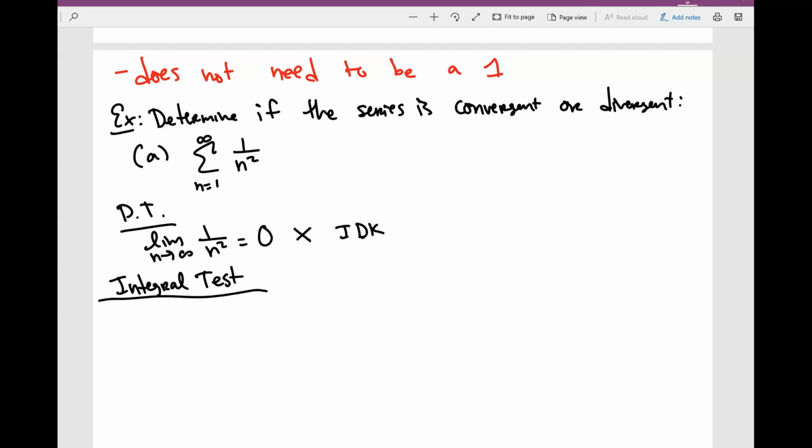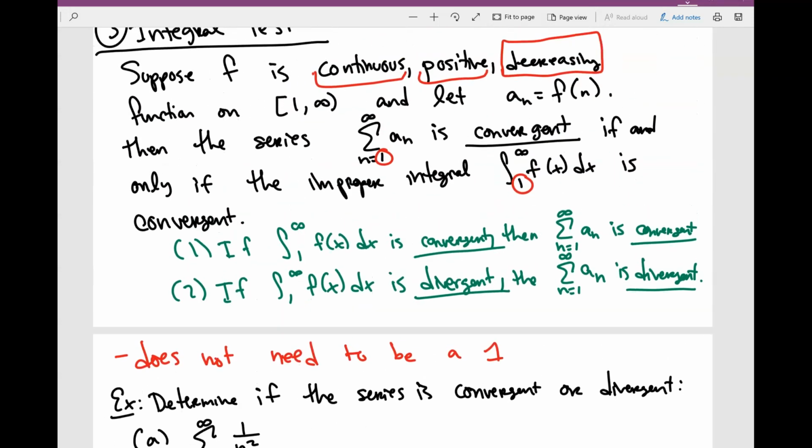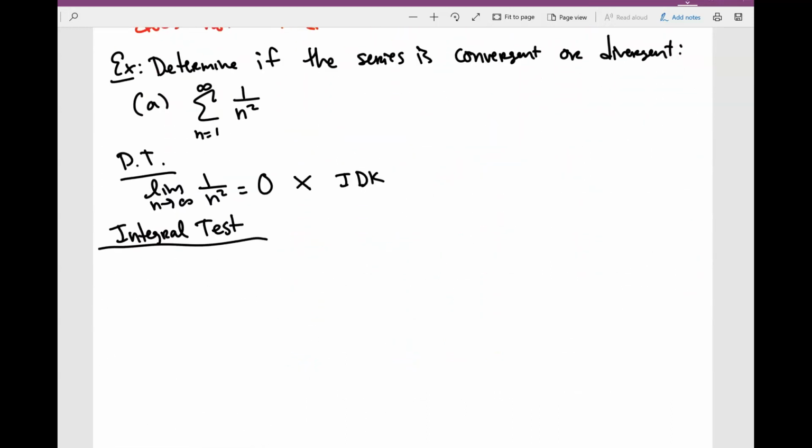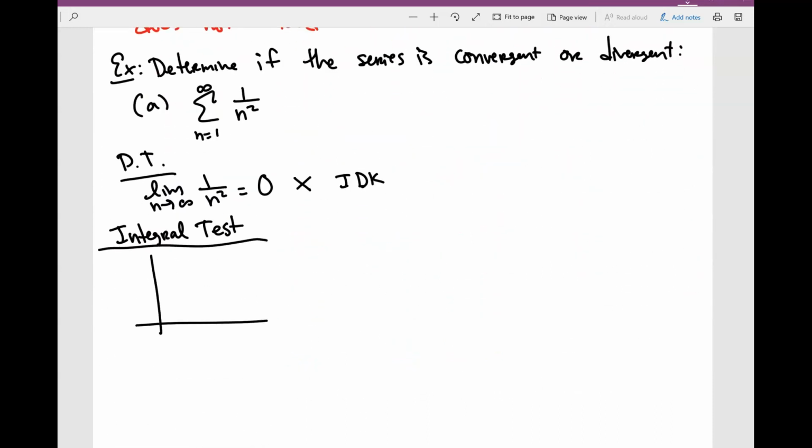Okay, so the integral test says first that I have to make sure that it is continuous, positive, and decreasing. If you know what 1 over n squared looks like, it looks like this, and remember that you're starting at 1 all the way to infinity. One way to also check that it's decreasing, if you don't remember what the graph looks like: we know that f of x is 1 over x squared, which is also x to the negative 2.